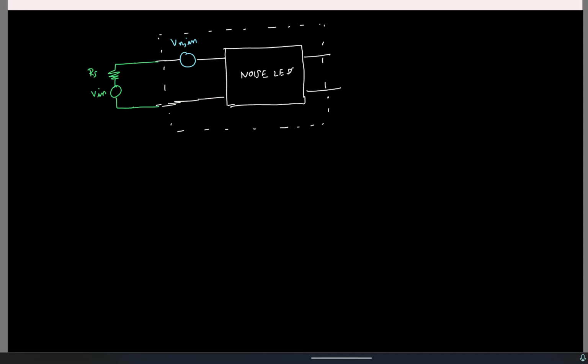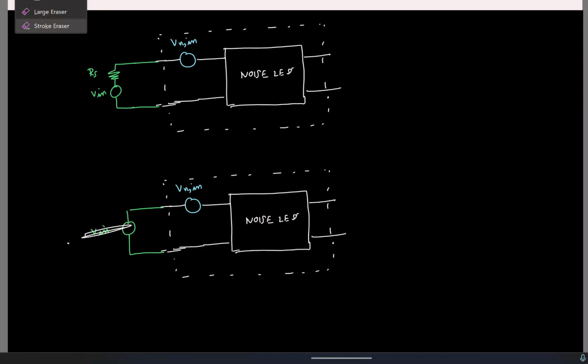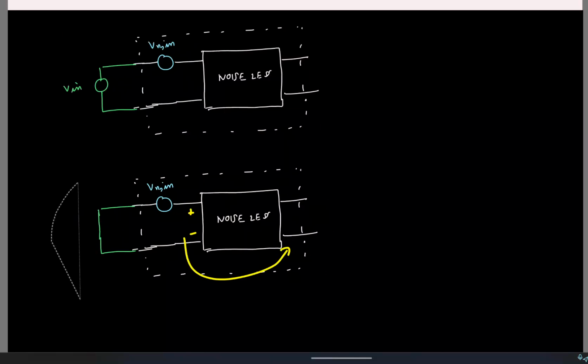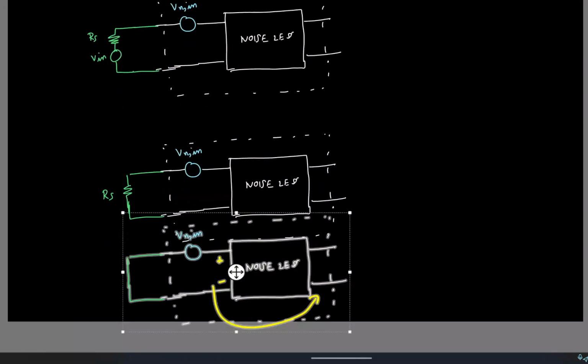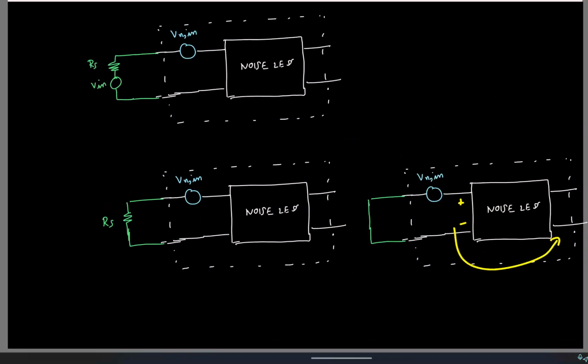So for that, I'll assume that the input is not there. So maybe I'll paste it here. So the input is 0, so I'll only have the resistance Rs. Okay. So in the earlier case, when I didn't have RS, and when I tried to find the noise at the output, I had this.